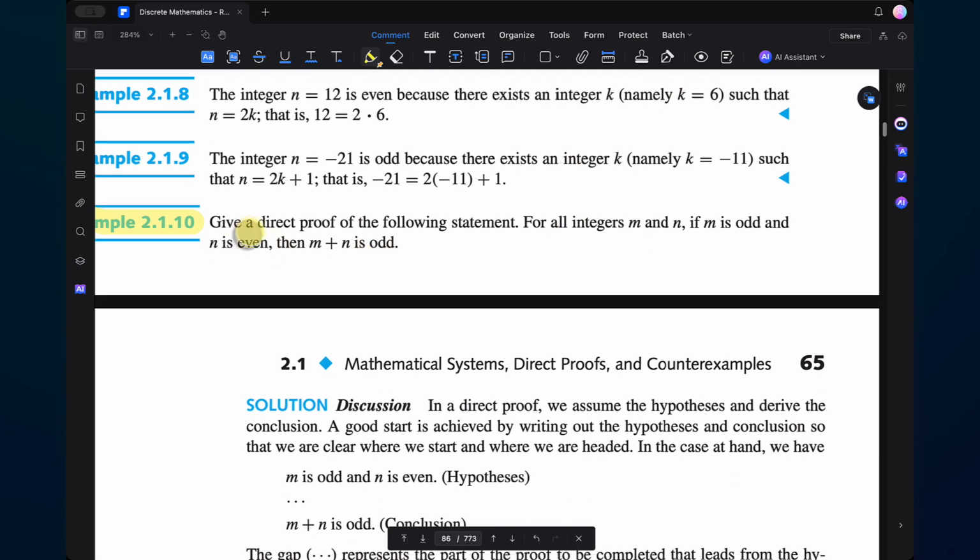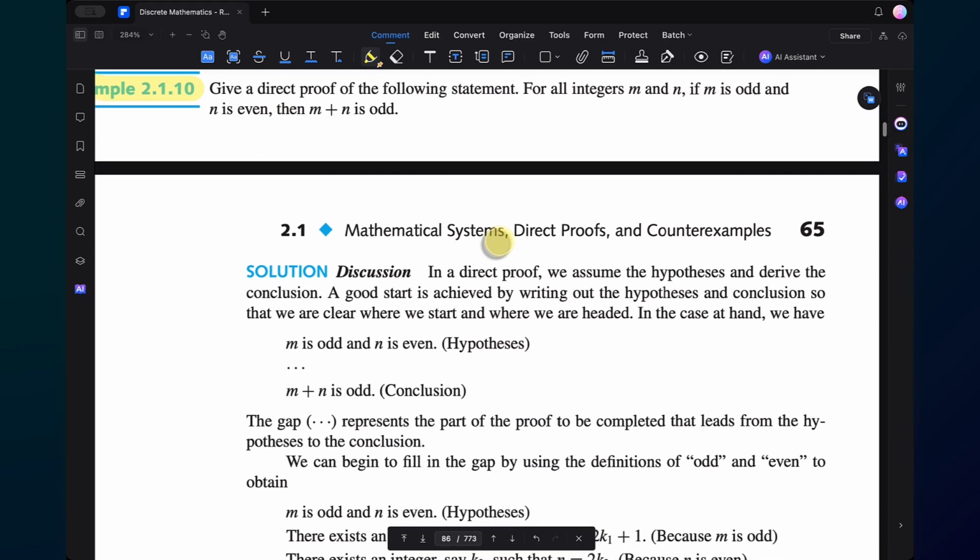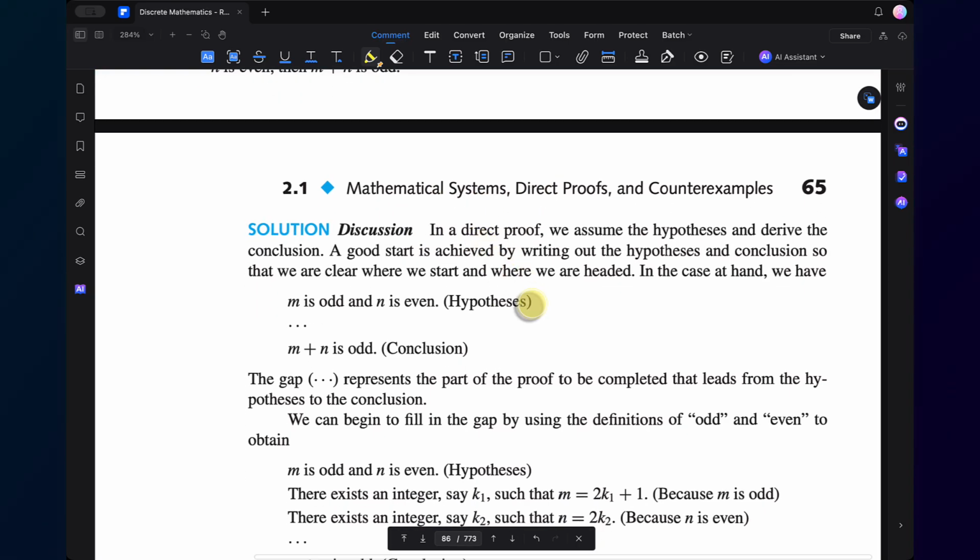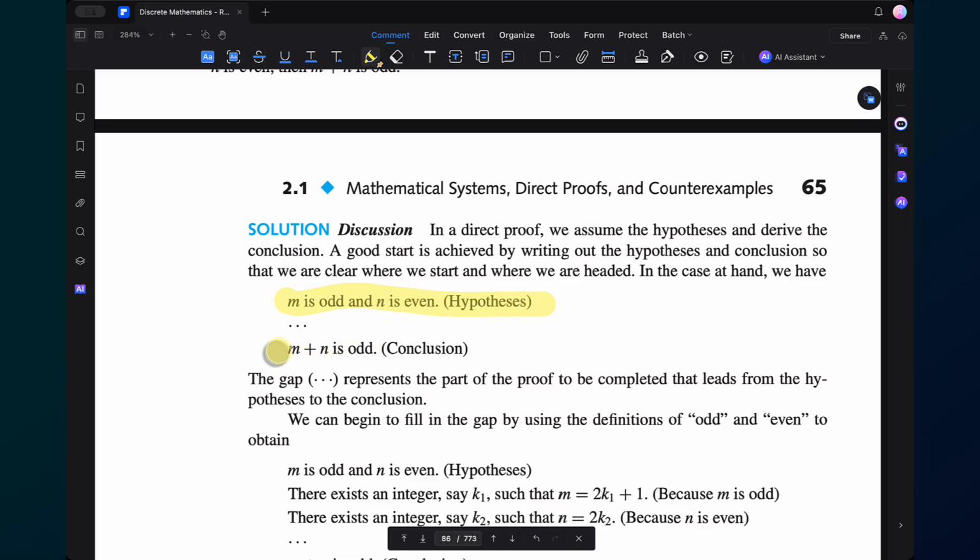So let's see. This example is to give a direct proof of the following statement: for all integers m and n, if m is odd and n is even, then m plus n is odd. The hypothesis is what we assume to be true, that m is odd and n is even, and we'd like to conclude that m plus n is odd.